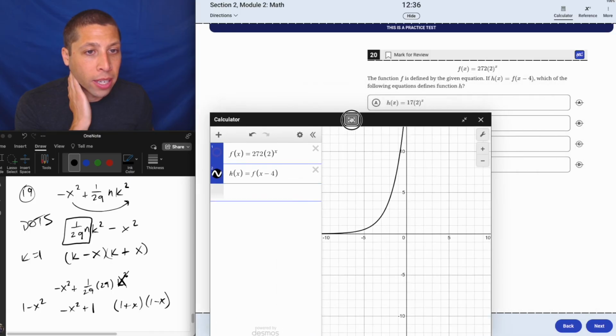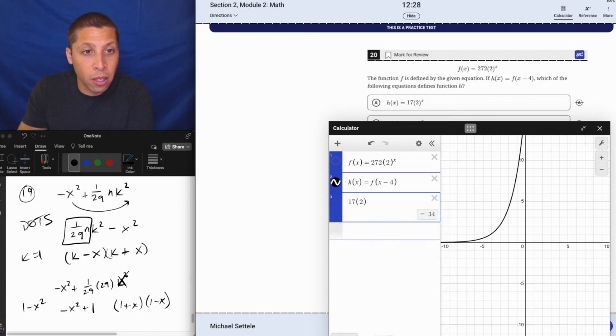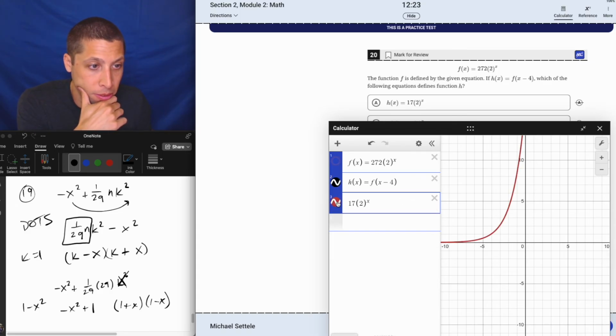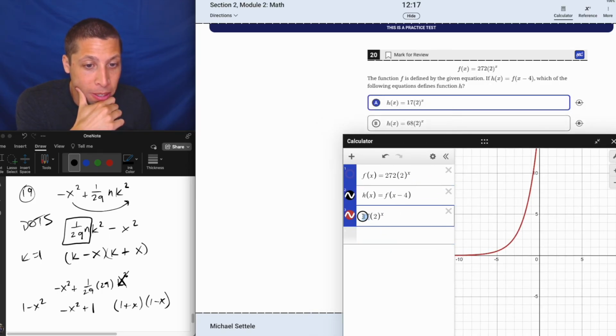I don't care about this. We want to know which defines h. So let's just try them all out. Which one lines up? Let's just do 17 times 2 to the x. That looks pretty good, right? It's the same. That's probably it. Let's try the others. This would be 68.